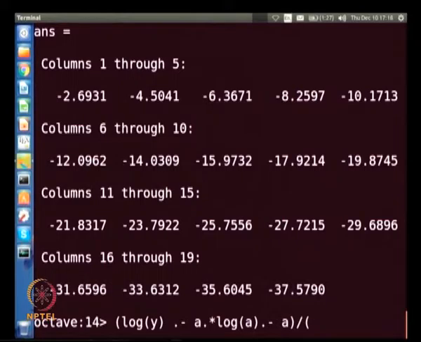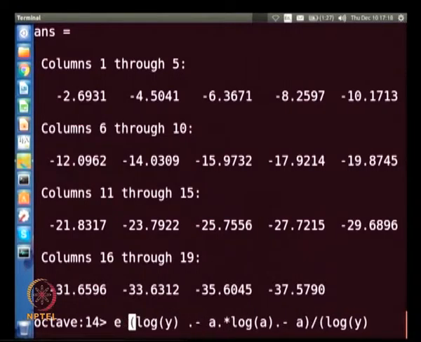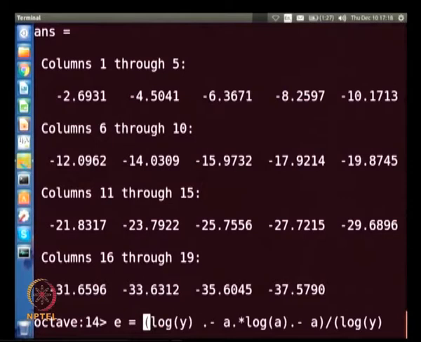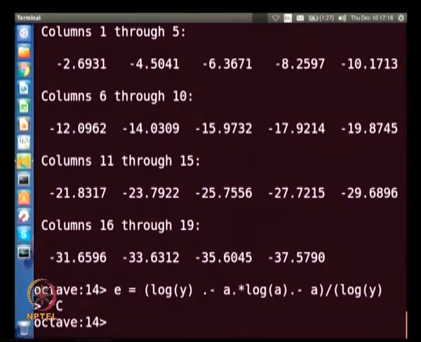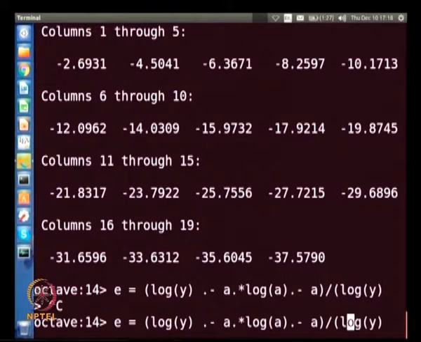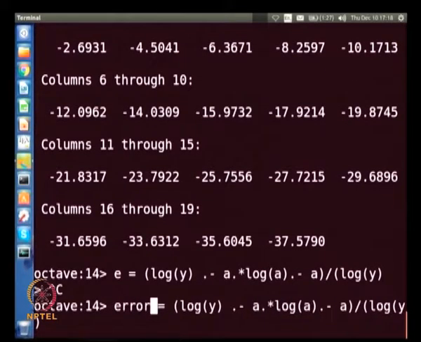That is the log of y, and that quantity I want to call as error E. No, I have made a mistake again. So, where did I make the mistake? So, let me call this as error.